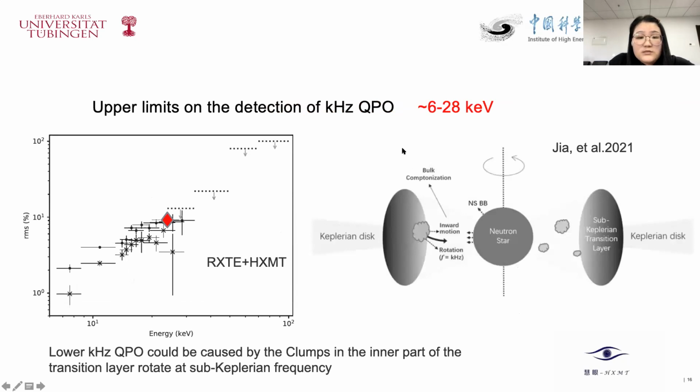The discovery of this upper limit energy of the kilohertz fields challenges existing models, because previously the lower kilohertz fields were believed to originate from the boundary layer, the part between the neutron star and this accretion disk.